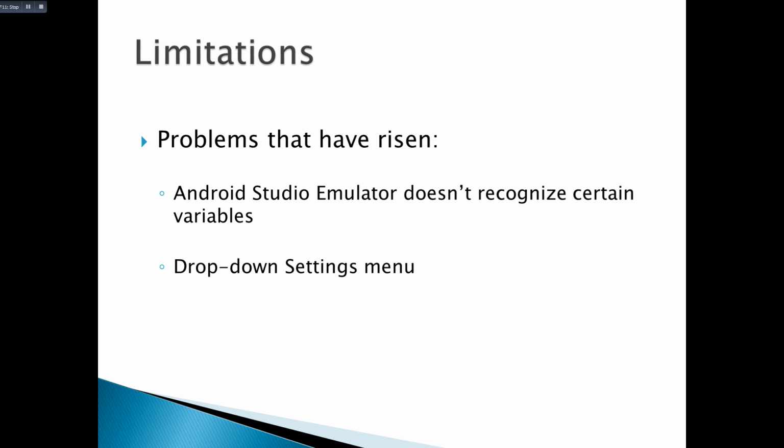And so to get around this problem, for each iteration of my app, I just loaded it directly onto my phone and tested it that way. And then another limitation that I had was one that I was talking about earlier. I was having a lot of trouble getting the settings menu to work, and so I just compromised by changing the settings menu into a drop-down menu.